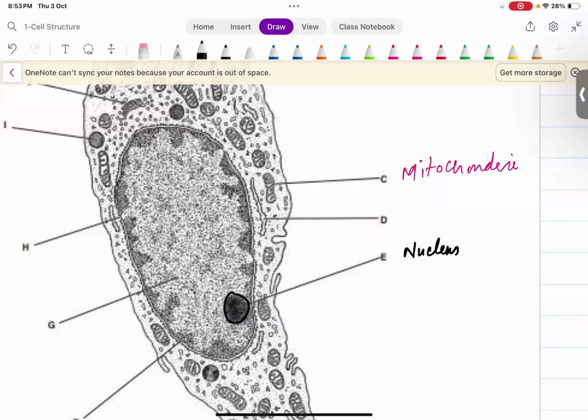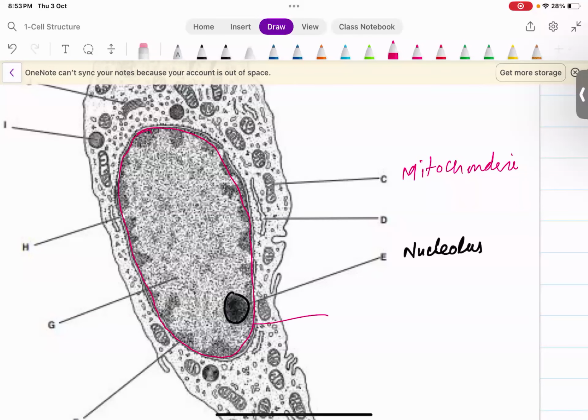Okay, nucleolus, not the nucleus. This whole structure from here to here is the nucleus.